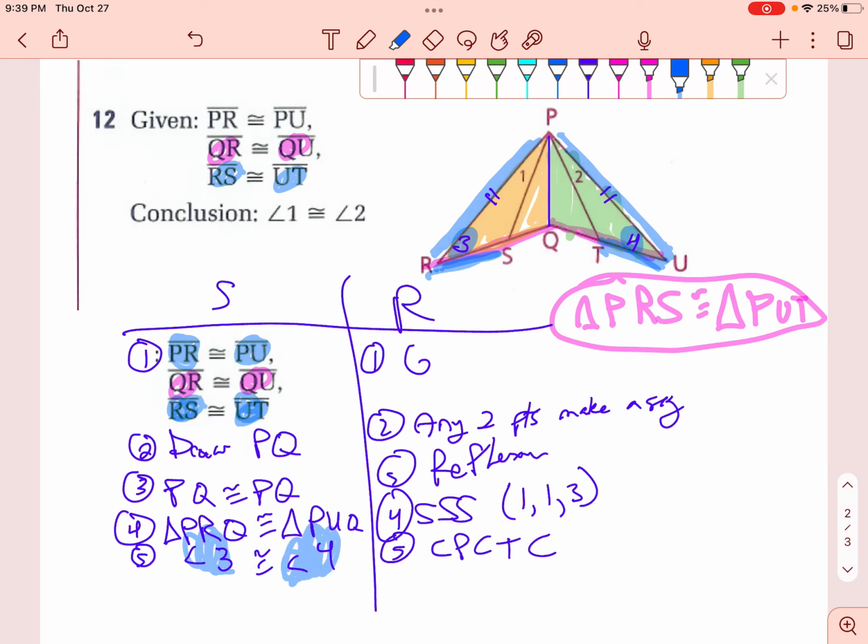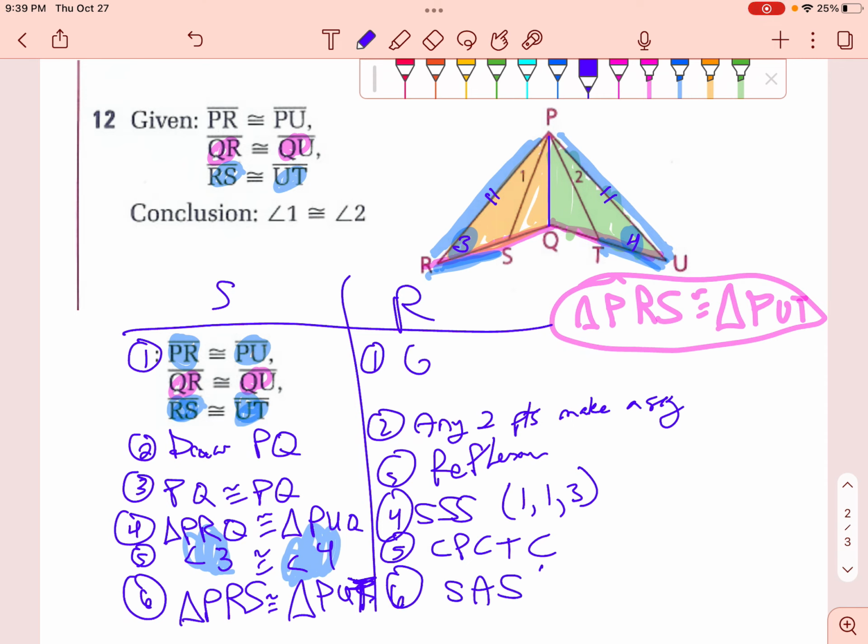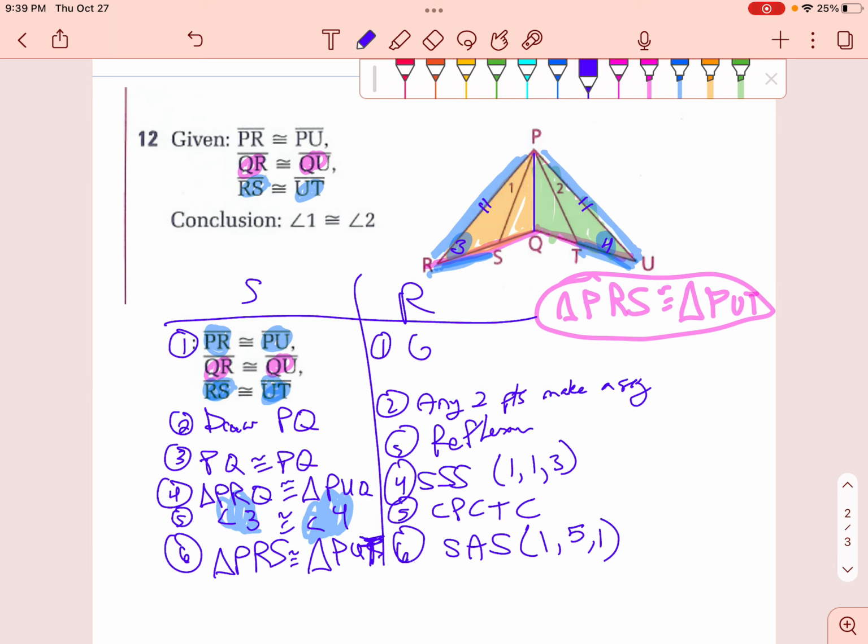So everything that you see in blue is going to help me say that triangle PRS is equal to triangle PUT. And the reason is side angle side. And that stuff is in steps 1, 5, and 1. Once those triangles are equal, then angle 1 has to equal angle 2.